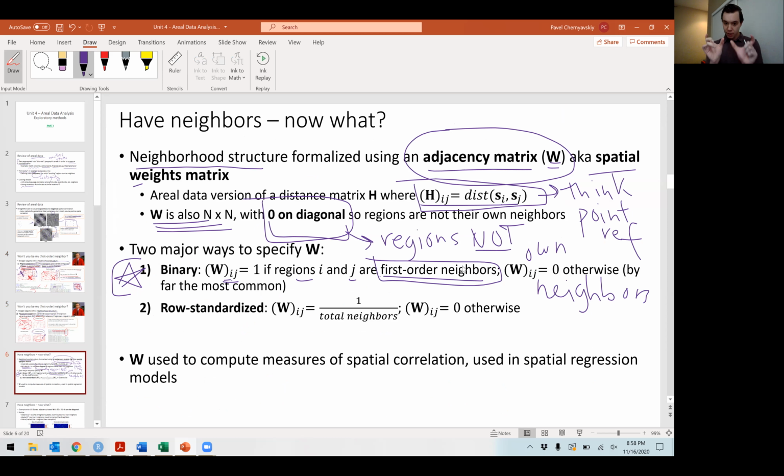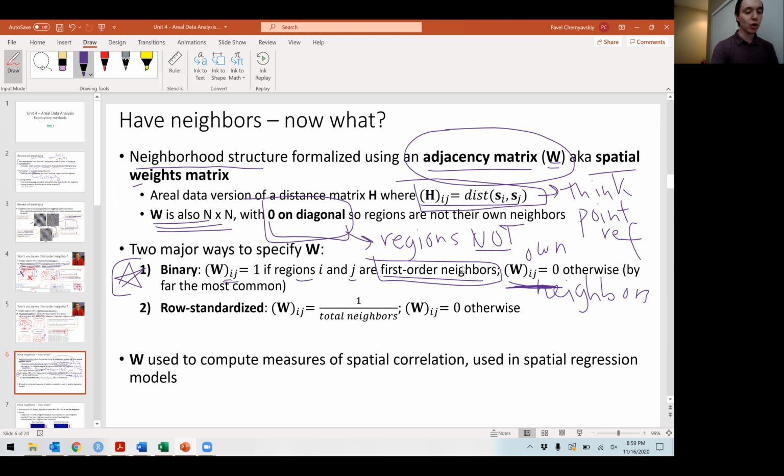All of the counties that are first order neighbors are going to get 1, others are going to get 0. And so this matrix will have zeros a lot. A lot more counties are not neighbors rather than are neighbors.